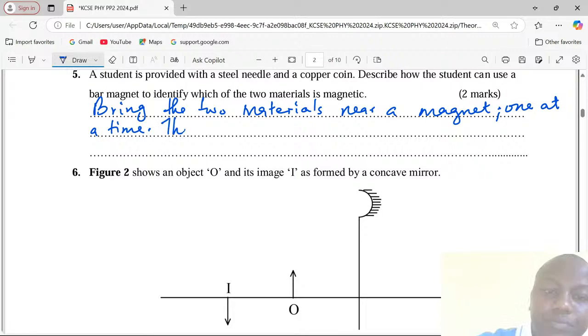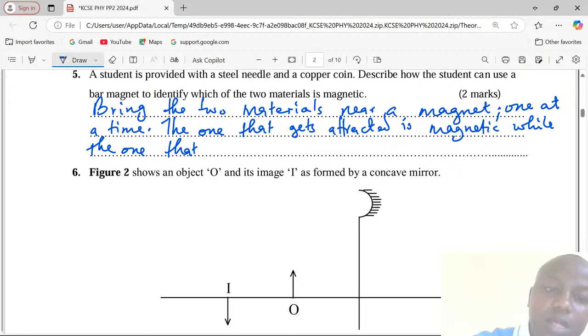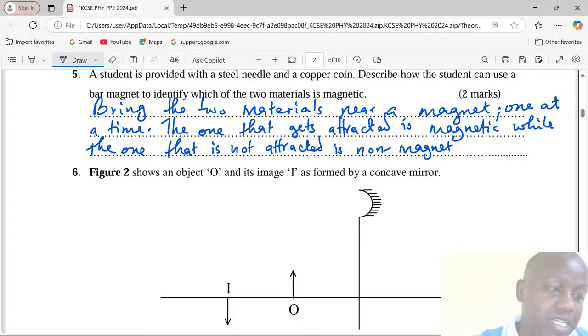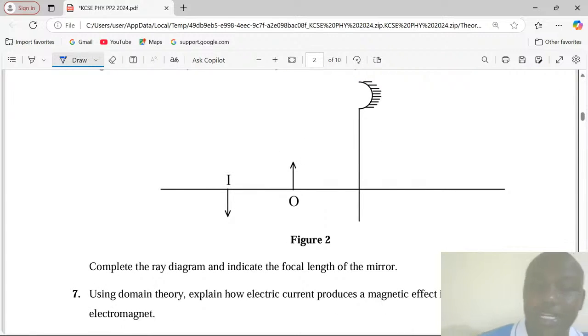The one that gets attracted is magnetic, while the one that is not attracted is non-magnetic. So a magnetic material, by definition, is simply a material that can be attracted by a magnet.